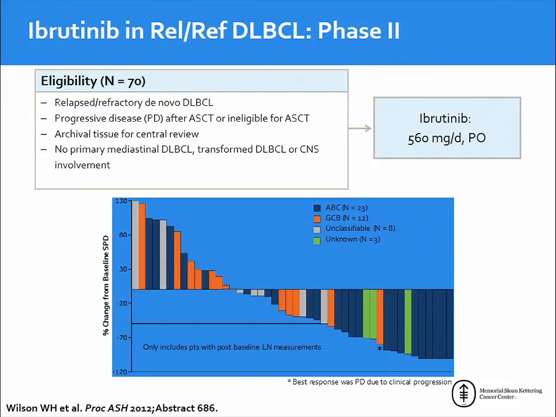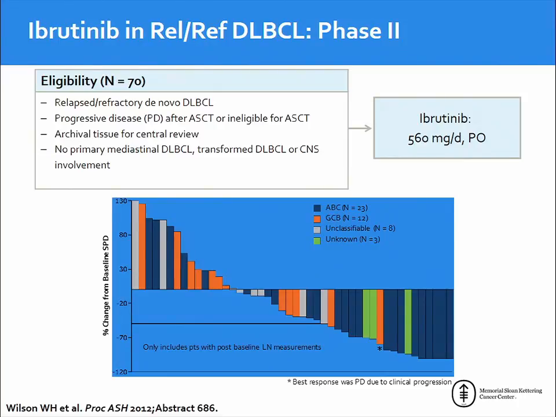Another drug that has activity in large cell lymphoma is ibrutinib, and the single agent activity of ibrutinib, again, is relatively modest in an unselected patient population.